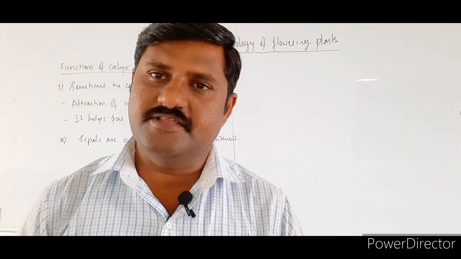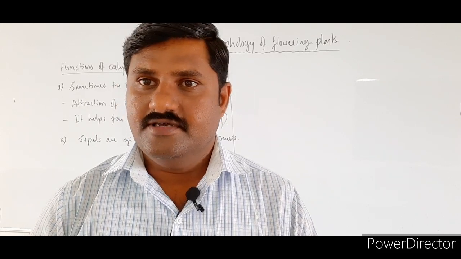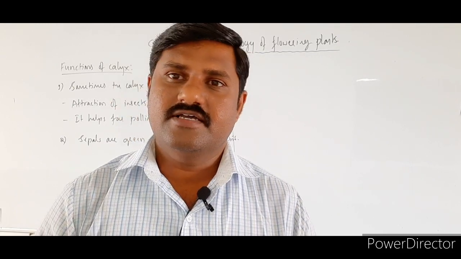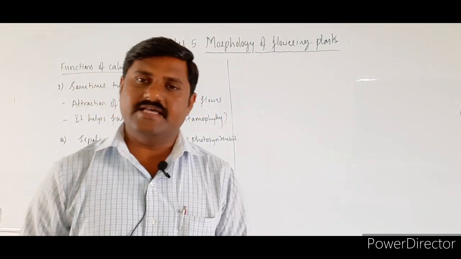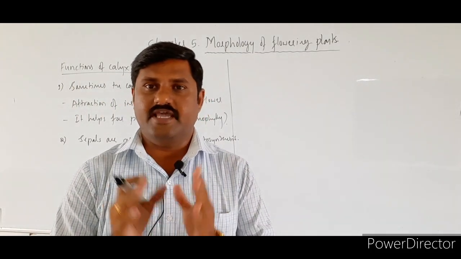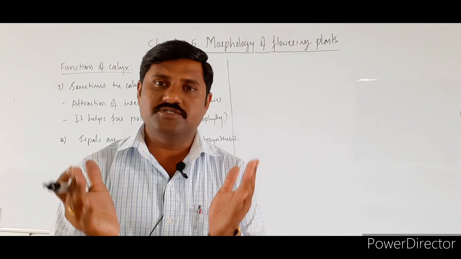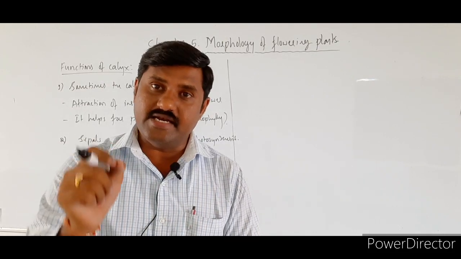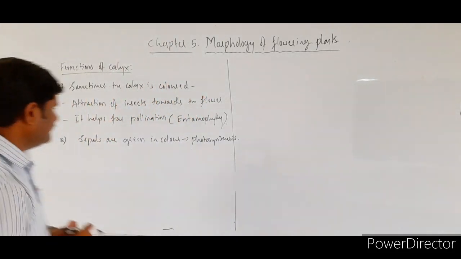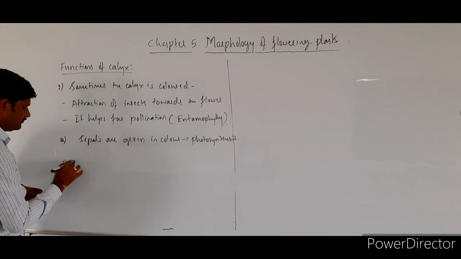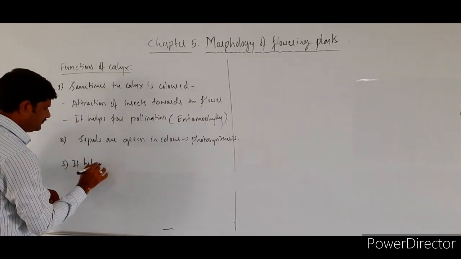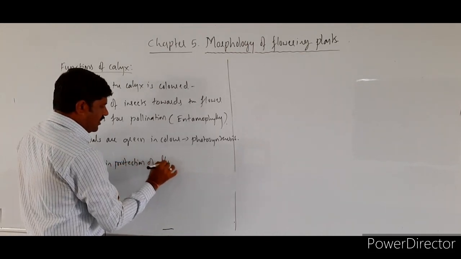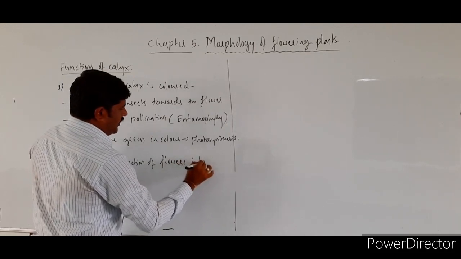And one more function is that it is protective in nature. This is the major function of the calyx itself. Calyx always helps in protection of the entire flower. Keeping it outside, it makes the outermost whorl and protects mainly the flowers in bud condition.